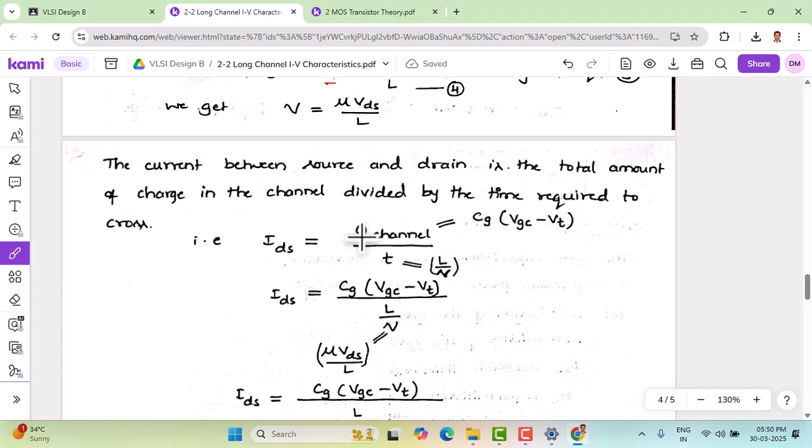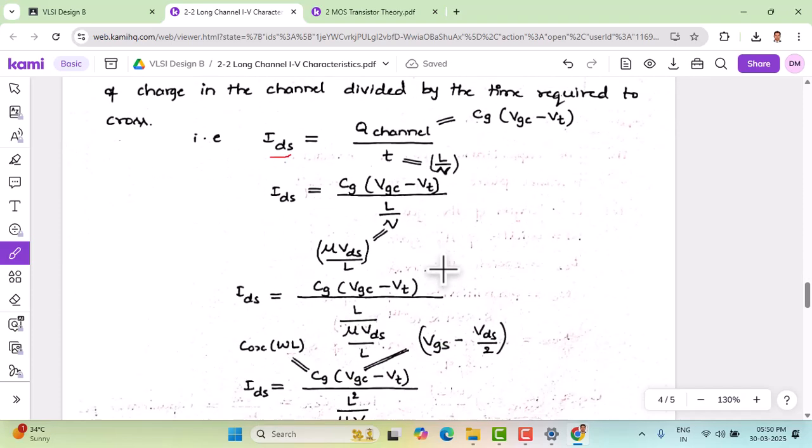Now let us move to the further derivation of the equation. The current between the source and drain is nothing but the total amount of charge in the channel divided by the time required to cross the channel. Mathematically, IDS equals Q channel divided by the time required by the charge carriers to cross the channel. We already know the expression for Q channel: Q channel is CG times VGC minus VT, and T is the distance between the source and drain, L, by the velocity.